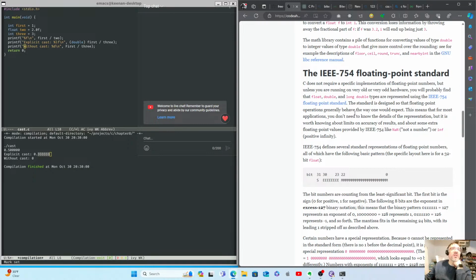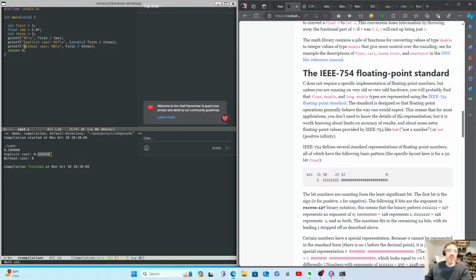The IEEE 754 floating point standard. C does not require specific implementation of floating point numbers, but unless you are running on very old or very odd hardware, you will probably find that float, double, and long double types are represented using the IEEE 754 floating point standard.